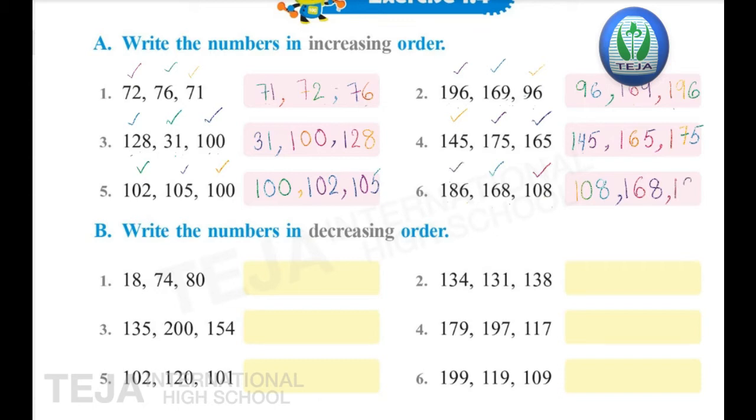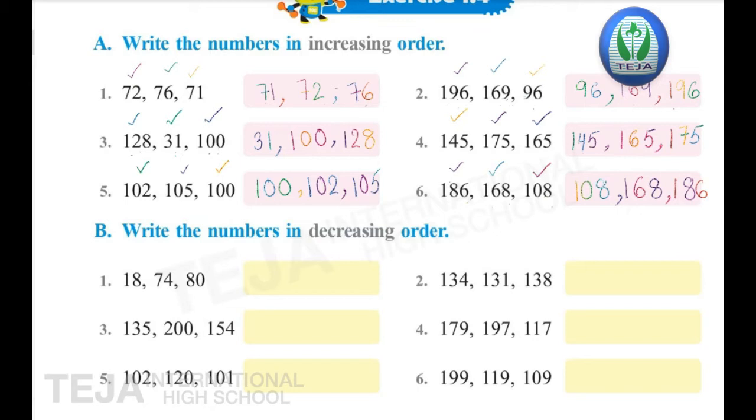So write 186 in the box, children. Now the answer of sixth question is 108, 168 and 186. Okay. Now all these numbers are arranged in increasing order, that is from smaller to bigger.